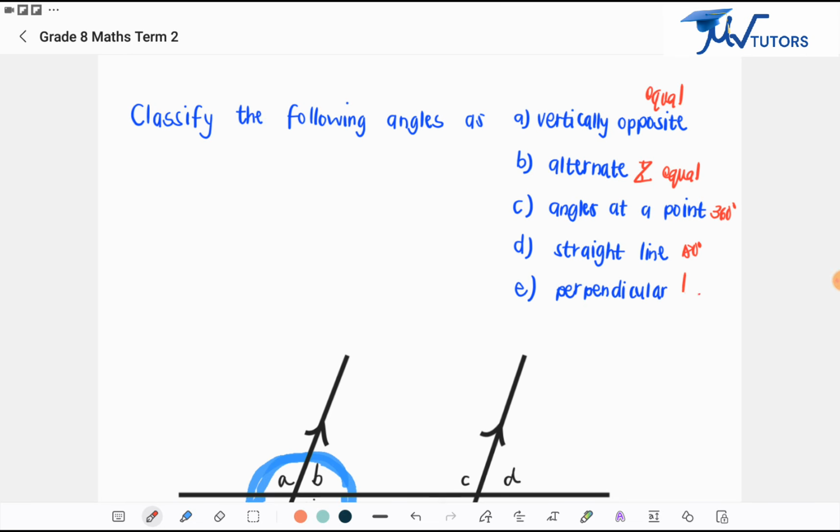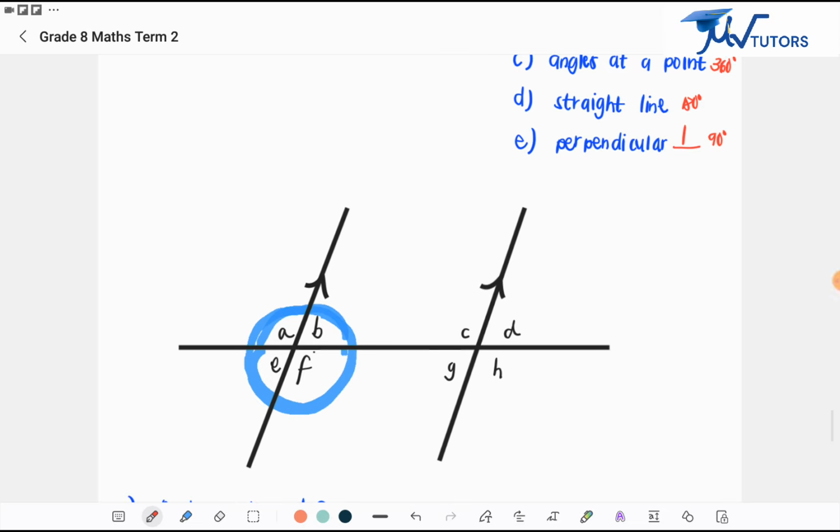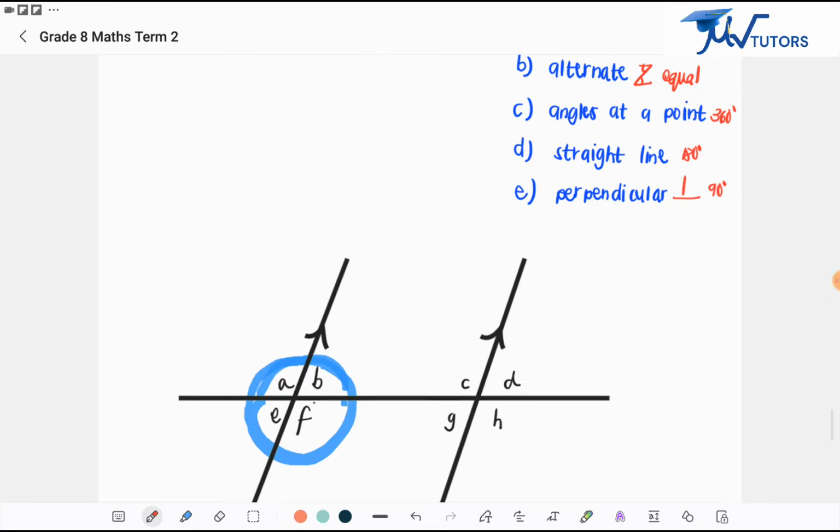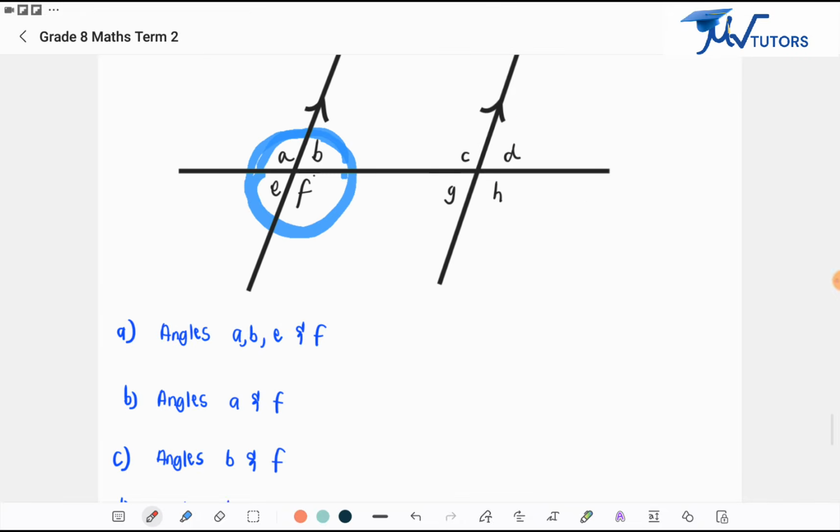And perpendicular lines actually form a 90-degree angle between them. Okay, but looking at A, B, E, and F, I see option C, which is angles at a point. So we can write that as our answer. So that's basically angles at a point or around a point.